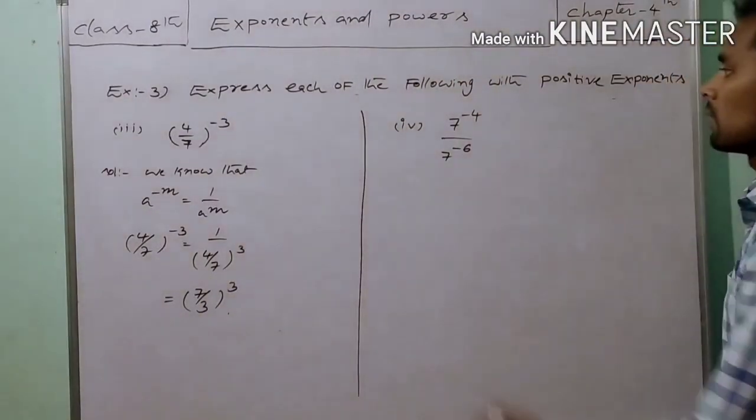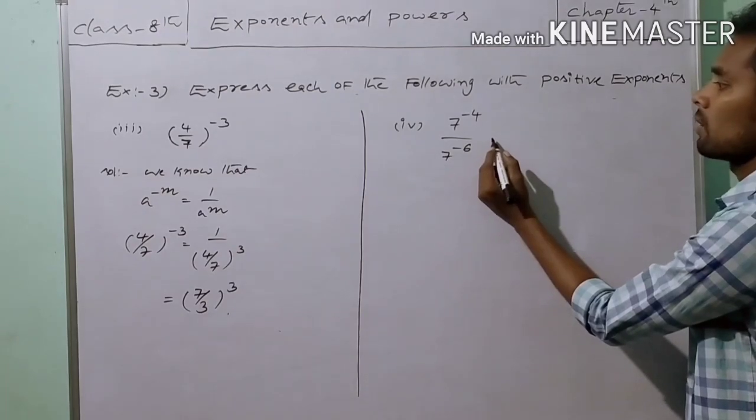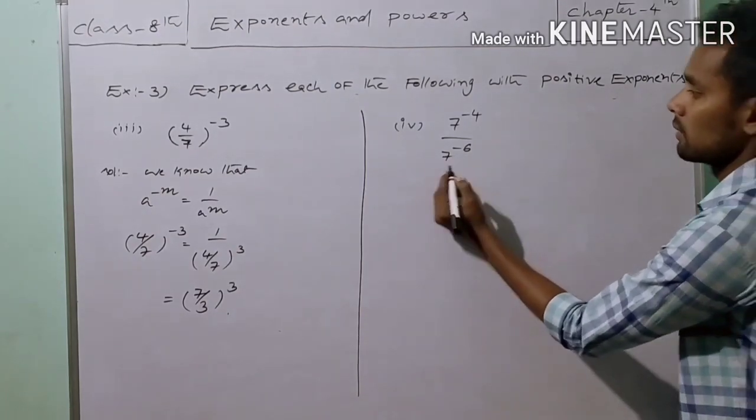Fourth question, 7 power of minus 4 by 7 power of minus 6.